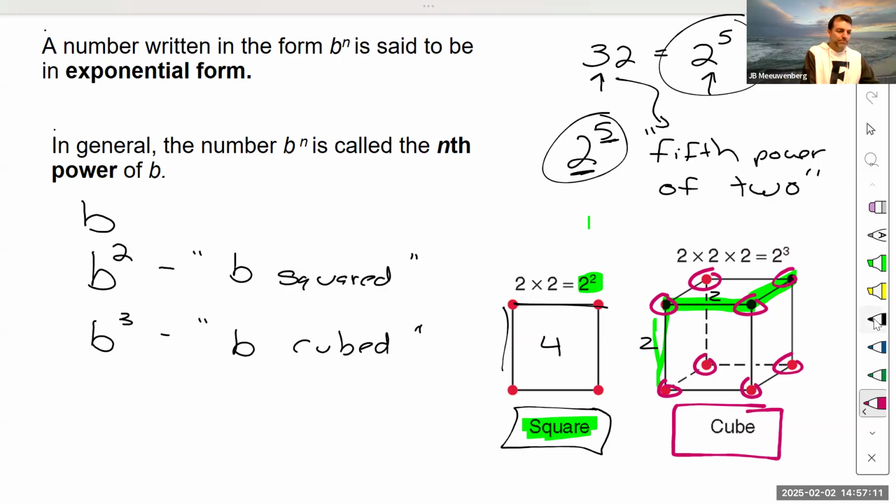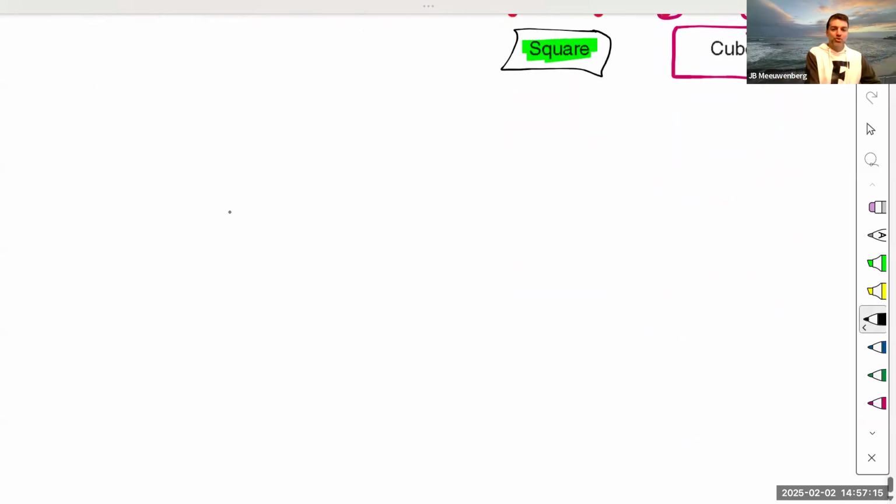Now, any number that's greater than or equal to 1, if we can write it as a second power, then we call it a perfect square or a square number. So here's what I mean by that. If we take 1 squared, we get 1.